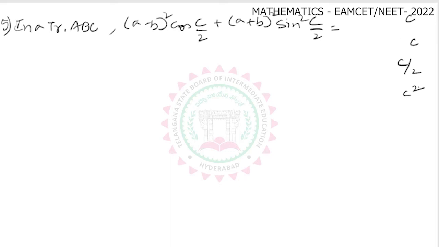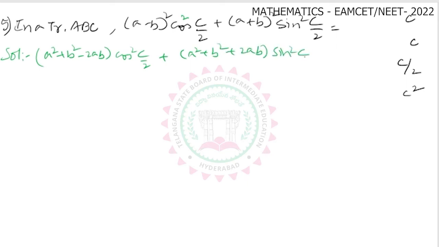So here, what is given? (A minus B) whole square into cos square C by 2 plus (A plus B) whole square into sin square C by 2. (A minus B) whole square can be written as A square plus B square minus 2AB, into cos square C by 2, plus A square plus B square plus 2AB into sin square C by 2.